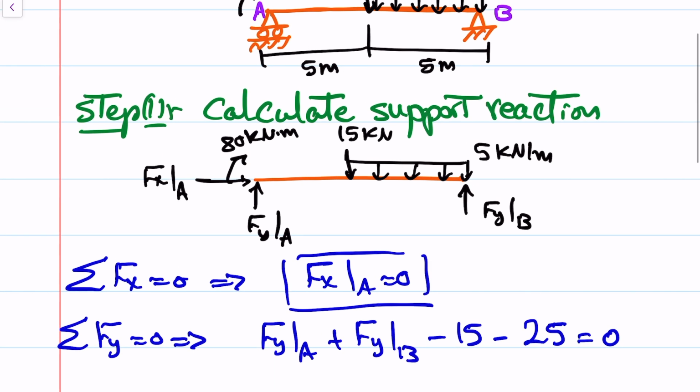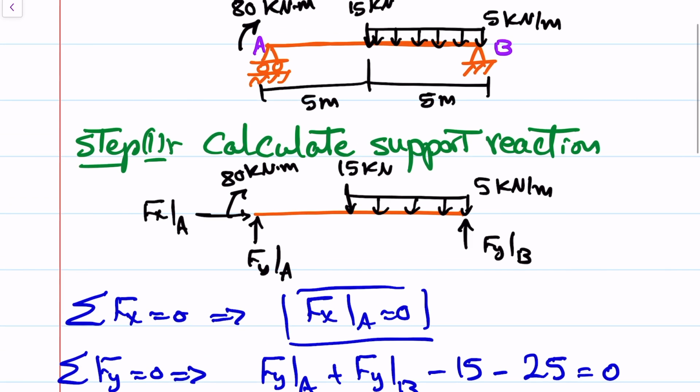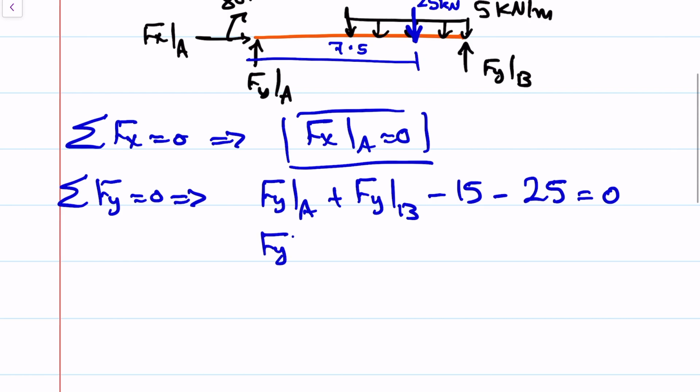The point of action of this should be in the midpoint of the distributed load. So this will be 25 kilonewton, okay, and in the midpoint, so this will be 7.5. And then here it will be Fy at A plus Fy at B equals 40.